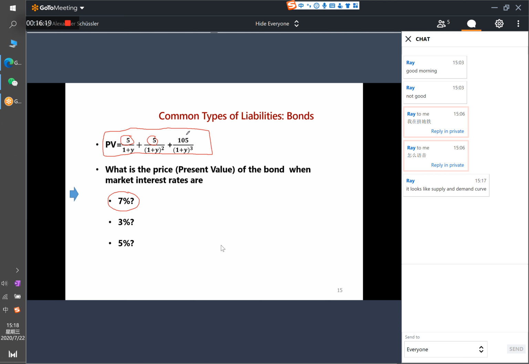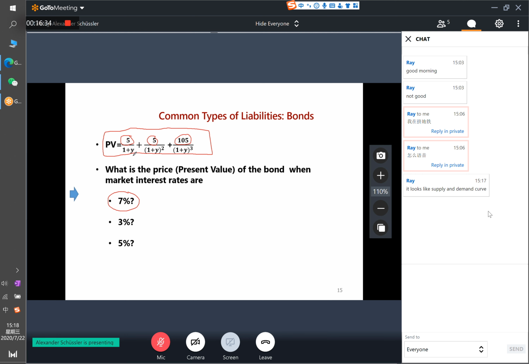It has a maturity of 3 years, and you have to calculate the present value of this bond. The assumption is that the interest rates are 7%. Please try this and then tell me your answer.